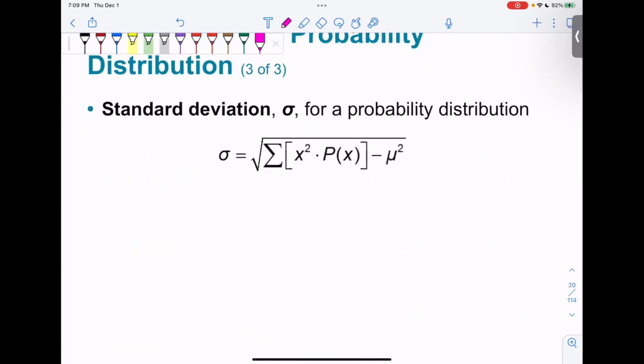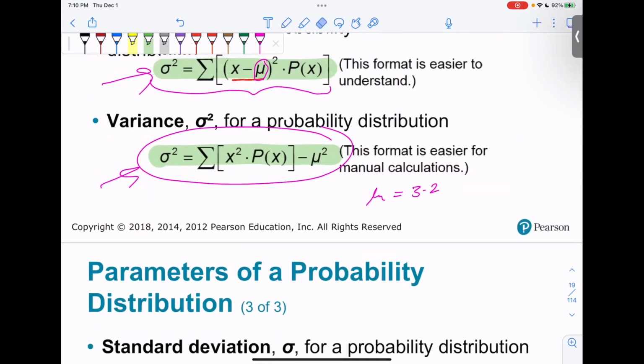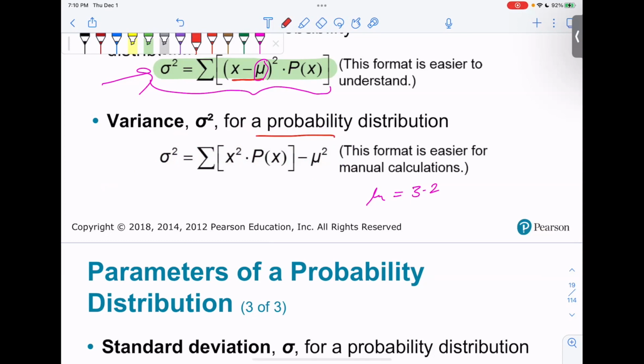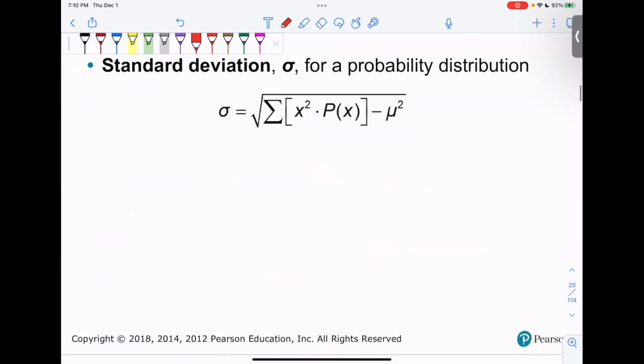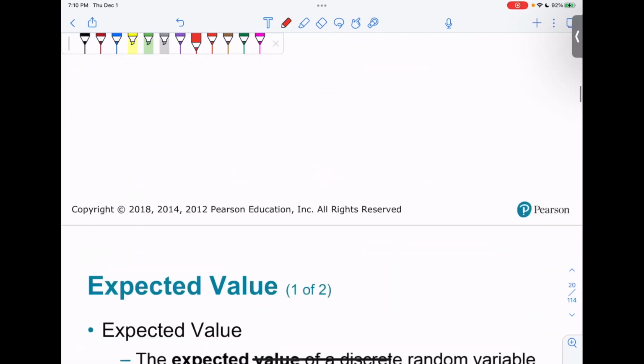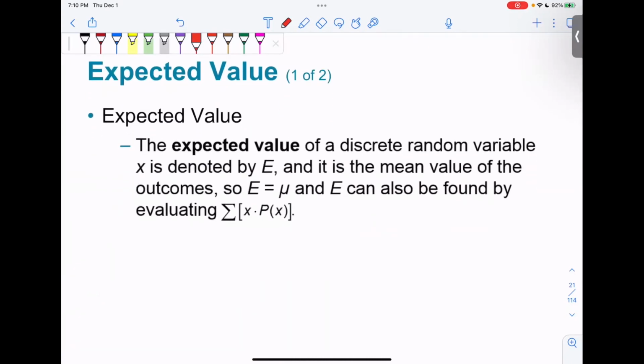And then standard deviation is what? It is just the square root of variance. So if we have this as the variance, and we take the square root of this, it will be the standard deviation. And then the last thing here, expected value.